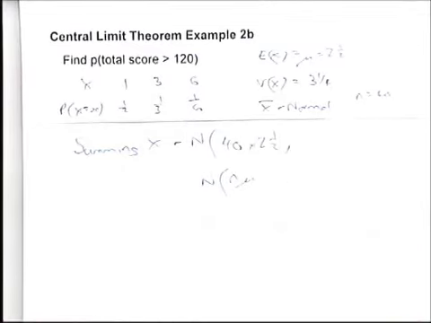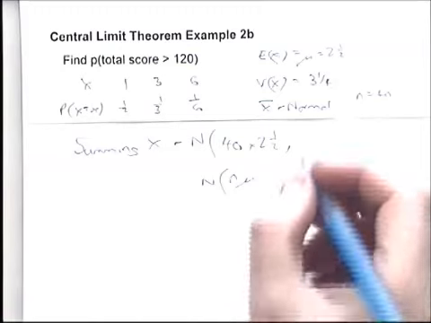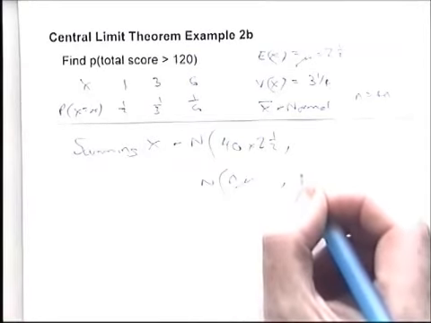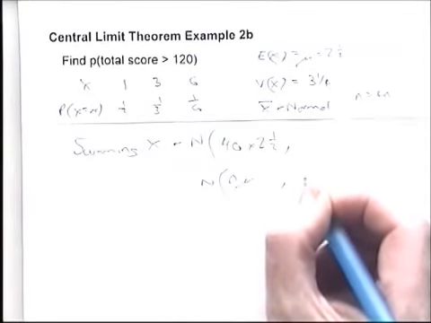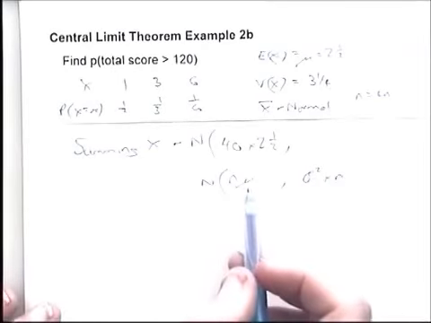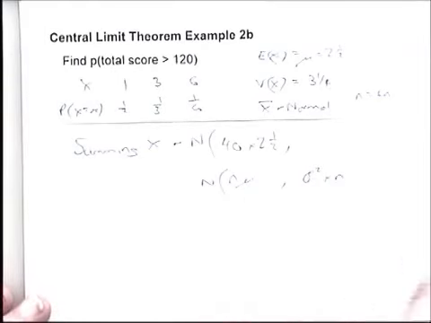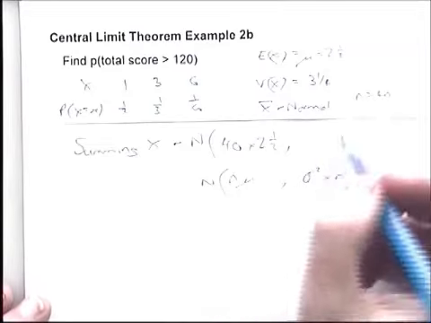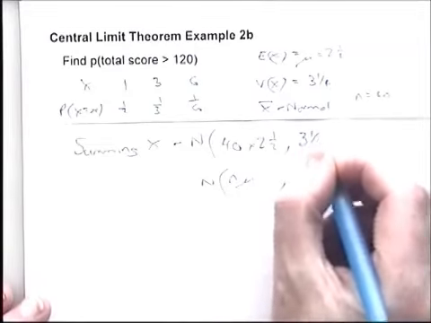Now the variance, it's more straightforward than the central limit theorem, the sigma squared over n thing. The variance is just the variance of x times by n. So just like over here, you do the mean times by n, and you do the variance times by n. We worked out last time the variance was 3.25.